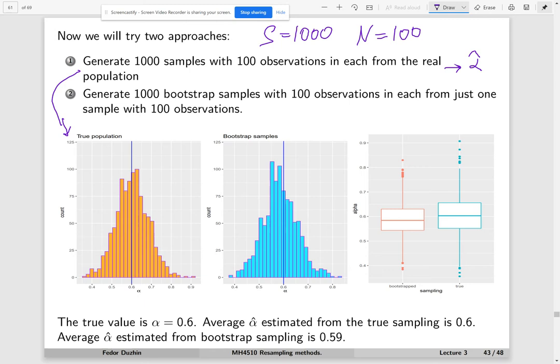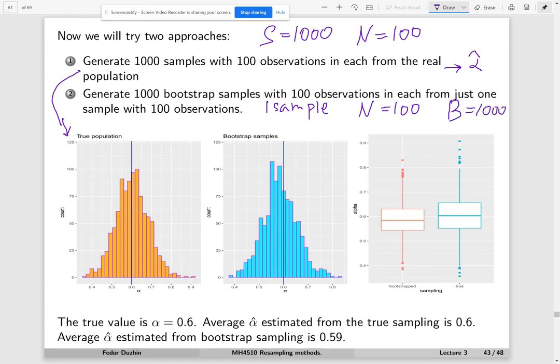Okay, so my second approach is I just take just one sample. Again, this is just the first of the samples that I used in the true population, right? So it's just the same one with 100 observations, and I did it 1,000 times.